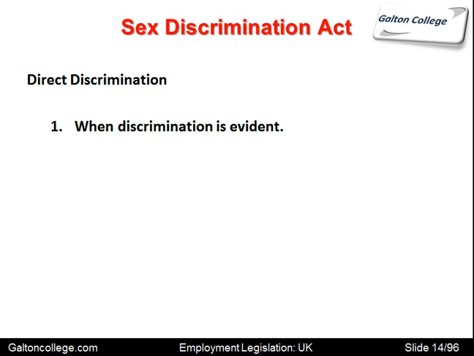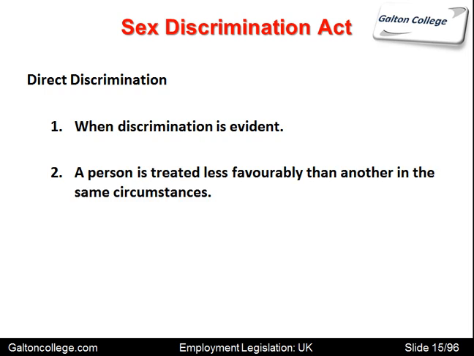Indirect discrimination is where a person is treated less favourably than another in the same circumstances. For example, let's say men and women performing the same task, performing exactly the same task, but men get paid more. Well, there's no logic for that.